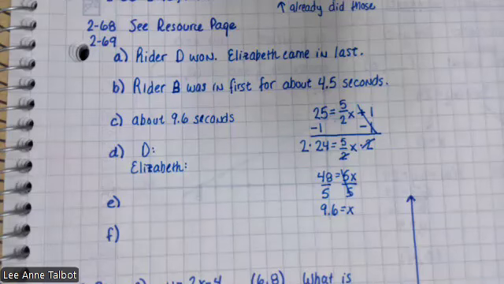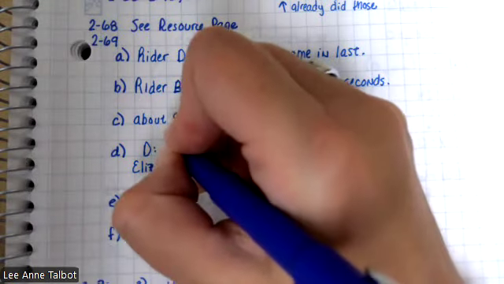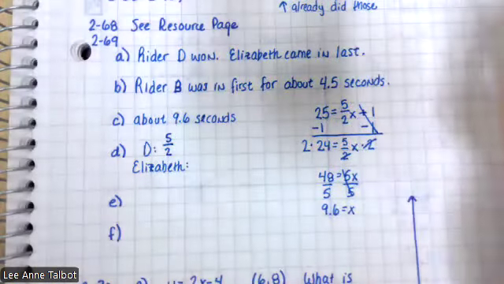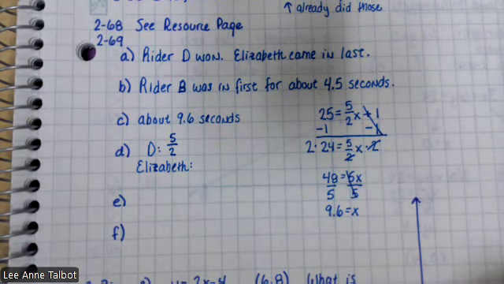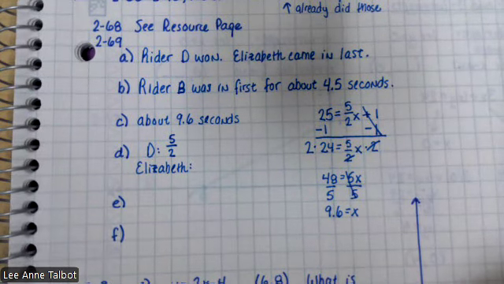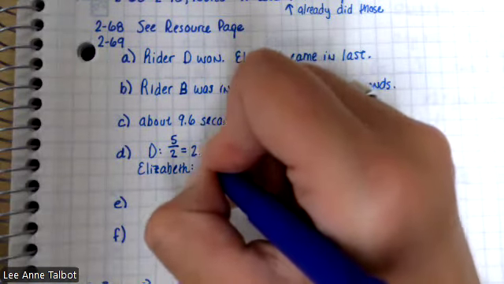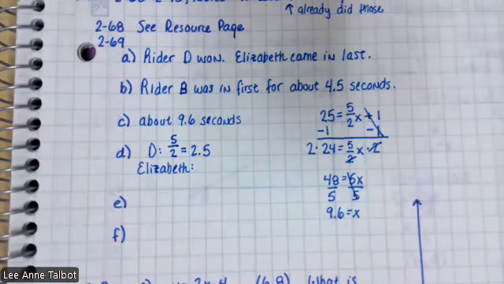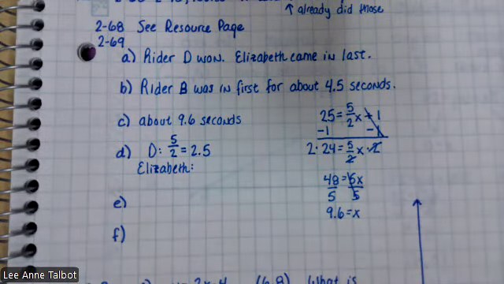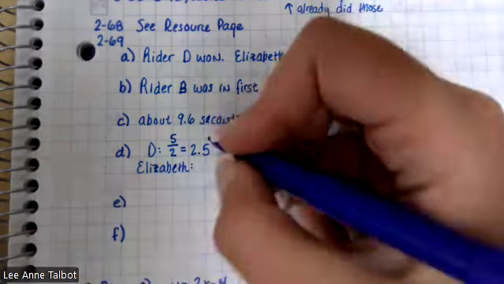What was the slope for rider D? Yep. Okay, so 5 over 2. What is 5 divided by 2? So 2.5. And what are the units? Meters per second. Great.